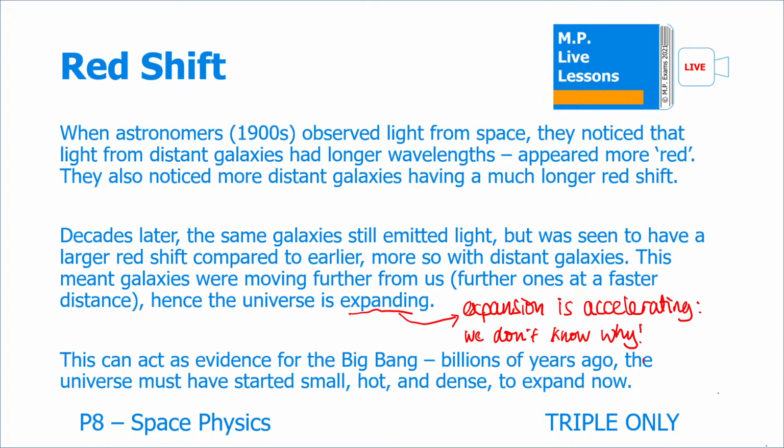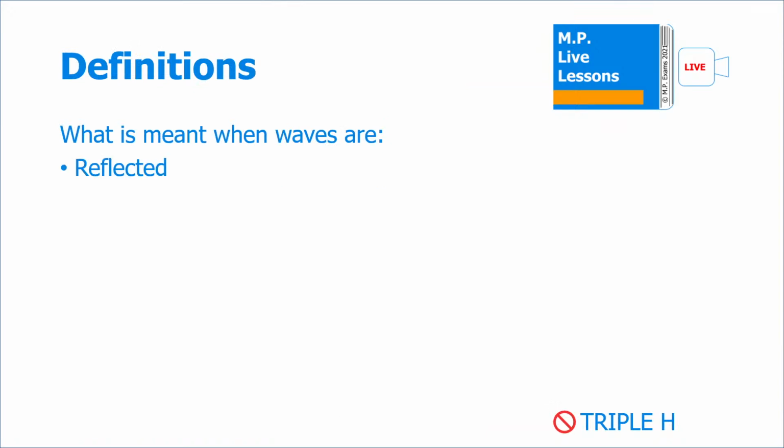Now, going back to some combined science stuff, is some more definitions for waves. So what's meant when waves are reflected, refracted, transmitted, and absorbed? So when waves are reflected, that's quite obvious. It will go in a different direction off the surface.